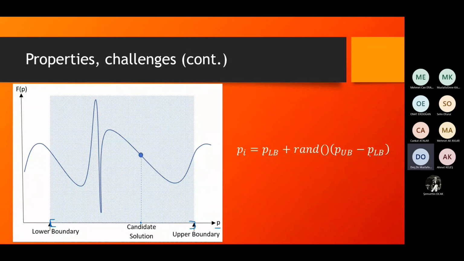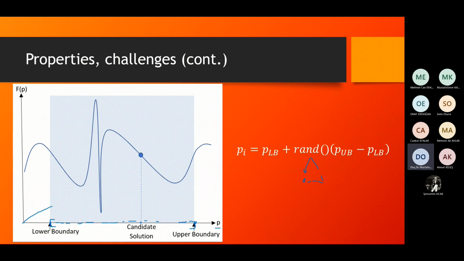I gave you the lower boundary value. If we throw a random number between 0 and 1, in the worst case we will get 0, and if the random value is 0, we will produce the lower boundary. At most it will produce 1, in which case this formula will produce the upper boundary, and any value between 0 and 1 will produce a value within this area. We already talked about this.